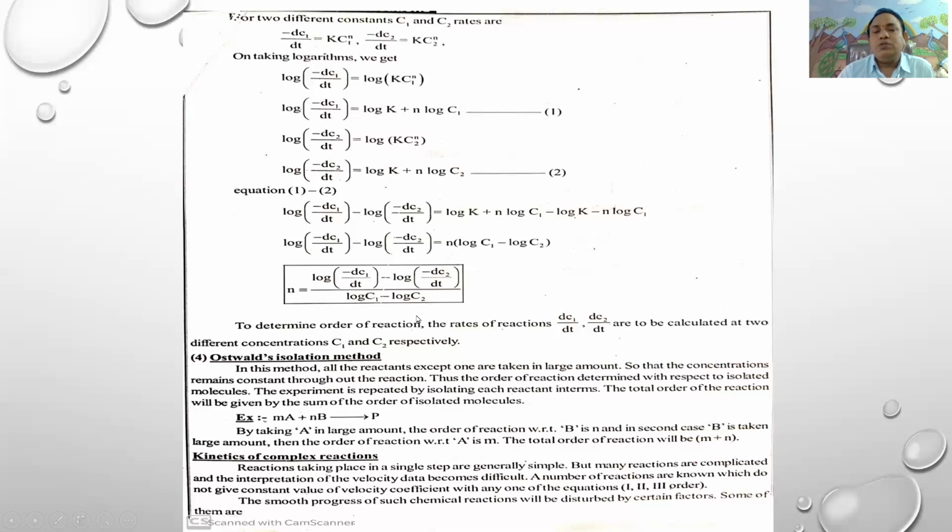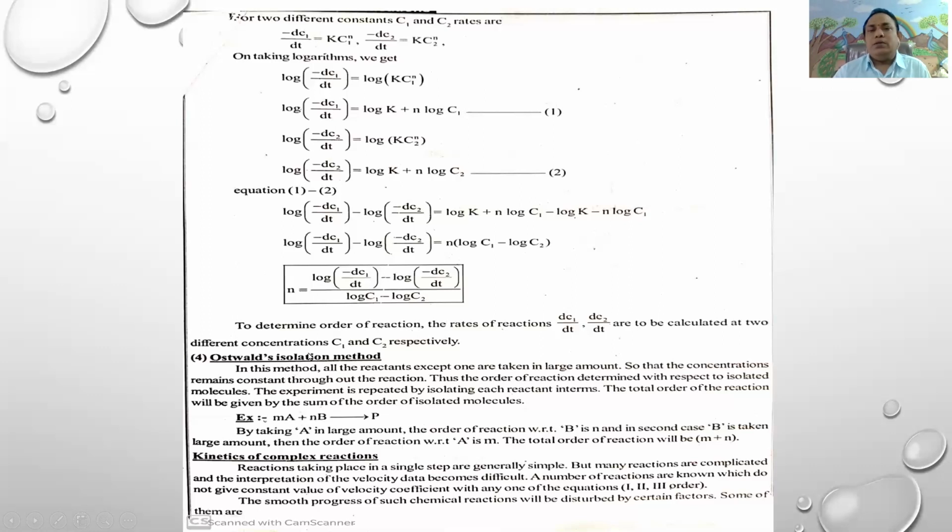While substituting these values in the above equation, we can get the order of reaction. It is called van't Hoff differential method. Next, the fourth method is Ostwald isolation method.